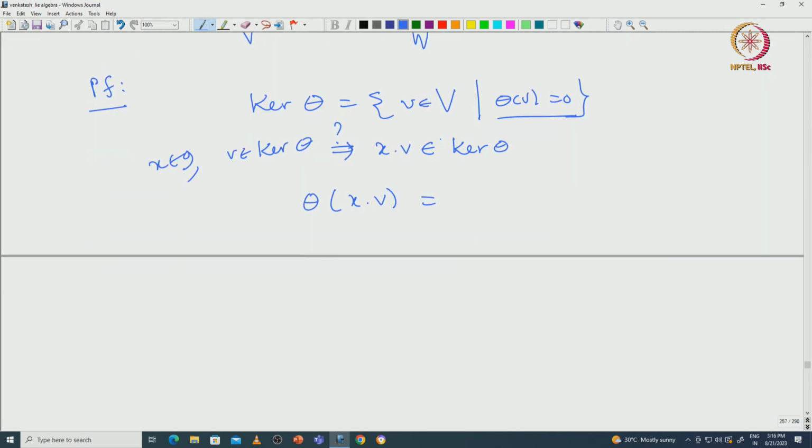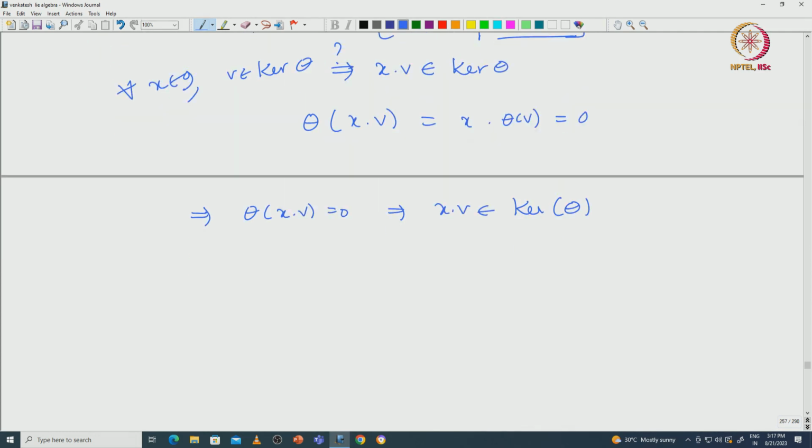So, that means theta of x dot V is same as x dot theta of V, but theta of V is 0. So, x acting on 0 will be 0. So, that will prove that theta of x dot V is 0, that says x dot V is in the kernel theta, and this is true for all x in G and V in kernel theta. So, we get kernel theta is a submodule of V. So, a G submodule.